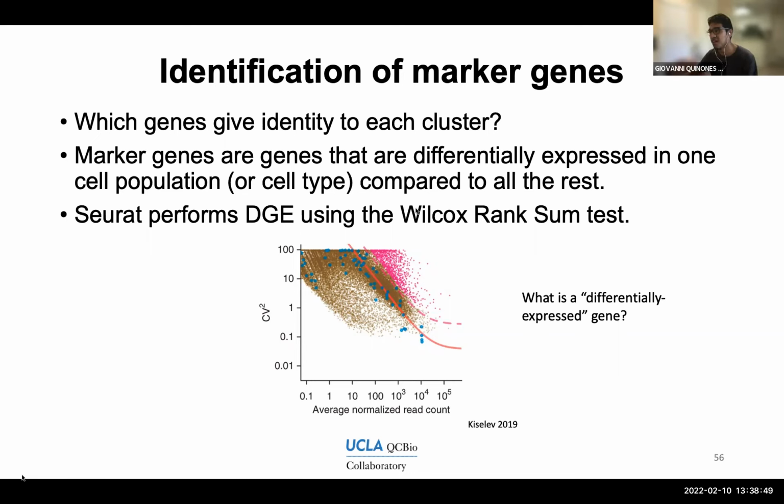It's using a very common statistical test, the Wilcoxon rank-sum, which just evaluates the difference in mean between 2 distributions. And the reason this package can afford such a relatively simple test is because a cell population or cell cluster contains many cells, right?